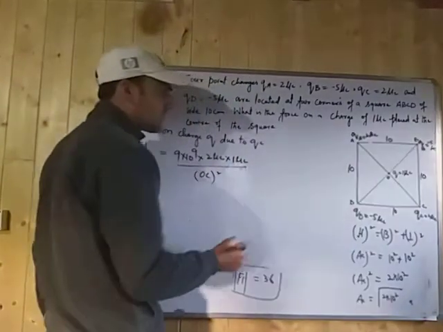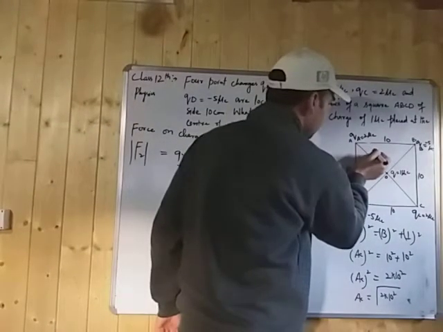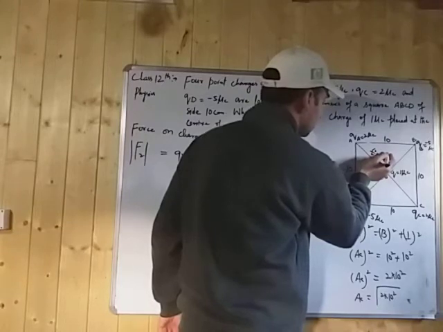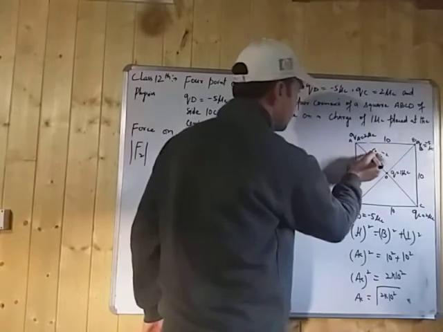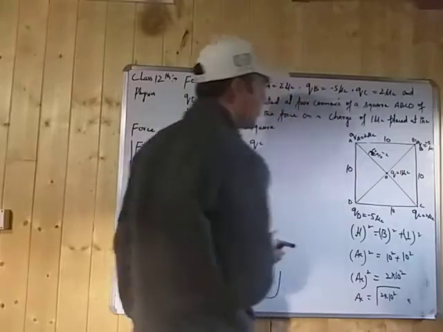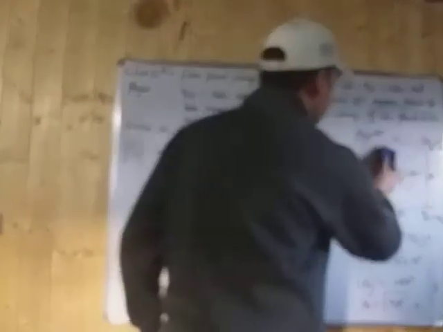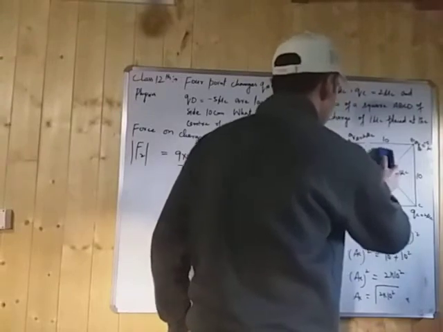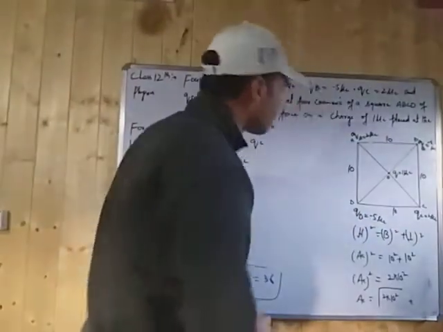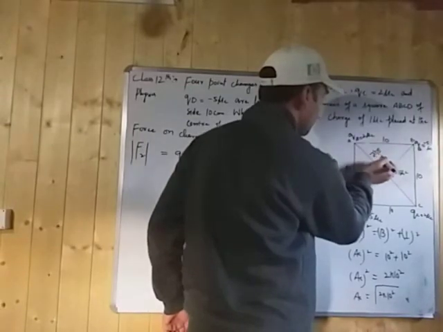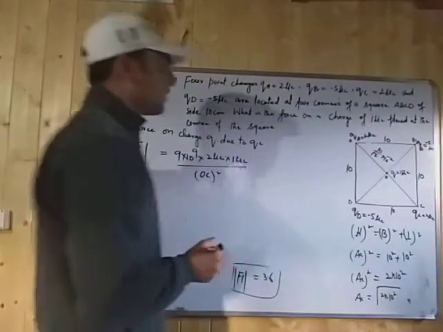We have already calculated OA, that is 10 divided by root 2 into 10 raised to power minus 2.